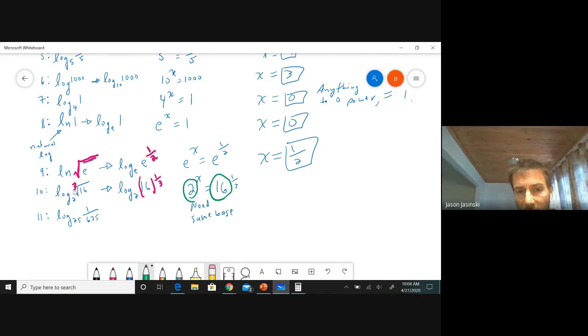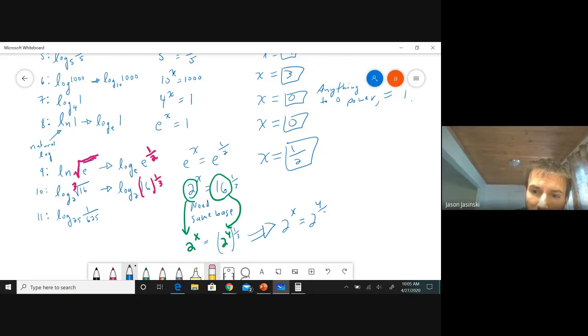You may realize that a common base would be 2. So I'll rewrite this also as a 2 to the x power. And then 16 I'll rewrite as 2 to the 4th. Then don't forget that little 1/3 we had. So this whole thing follows suit. 2 to the x is equal to 2 to the 4/3.